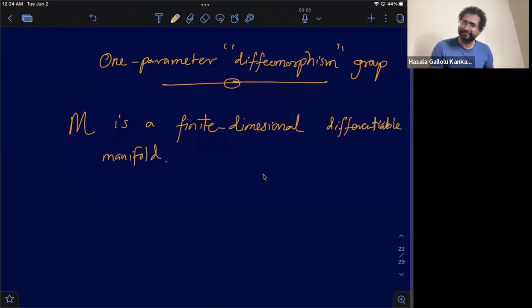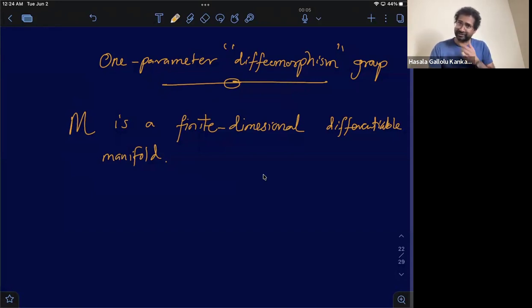Now, a couple of things. I'm saying a couple of keywords here, but let me put them where they should belong. And if we have something like a pending plan for later, I will let you know that as well. Finite dimensional, you know what it means. Just the same story as finite dimensional Euclidean spaces.